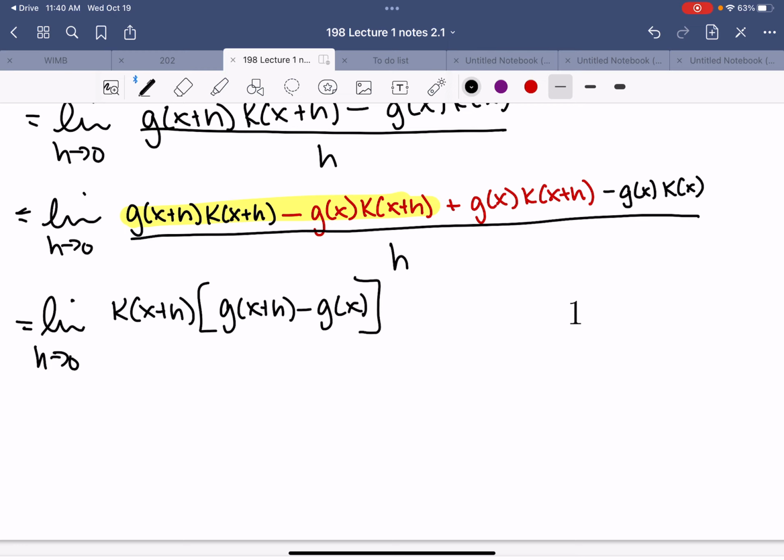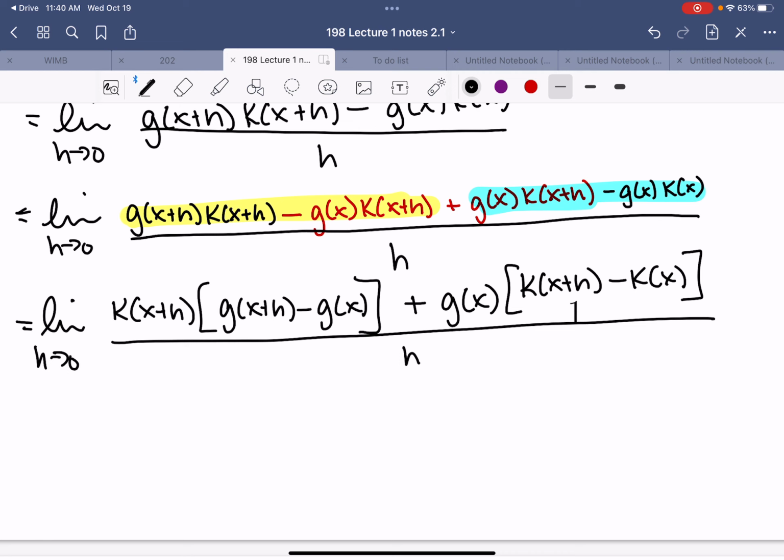And then over here, when I look at these two, they both have a g of x in common. So I'm going to add, and I'm going to take out the g of x. They have a k of x plus h minus k of x left. And all of that is over h.